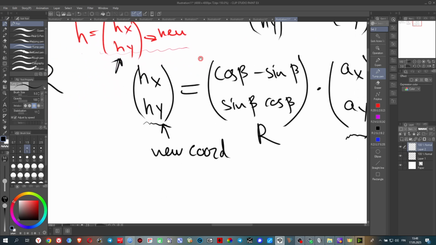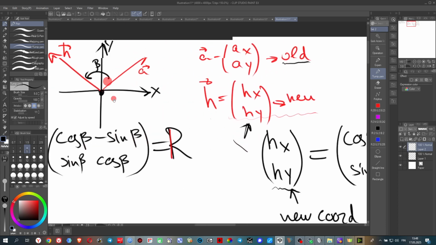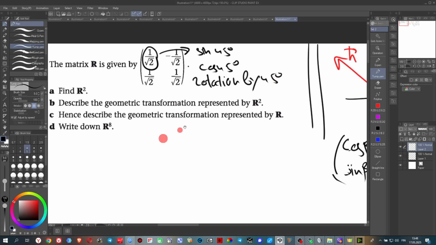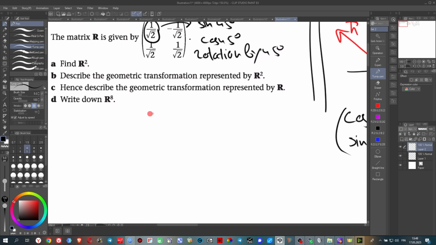In this case, just remember this form, and we should look here. You can immediately see that it is a matrix of rotation around the origin by 45 degrees. We can write it here: it is a rotation by 45 degrees around the origin. So we immediately can say what the geometric transformation represented by R is.